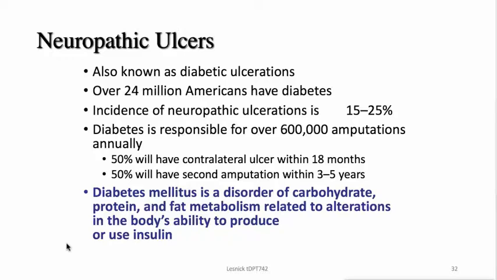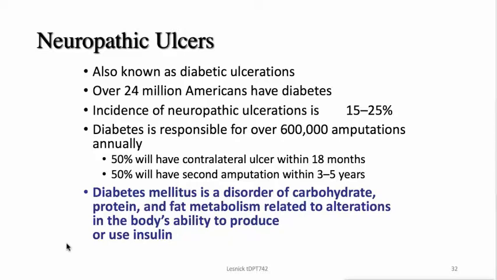Over 24 million Americans have diabetes. These statistics are from the early 2000s, and numbers may be changing. We do know that diabetes is going to be increasing in incidence.